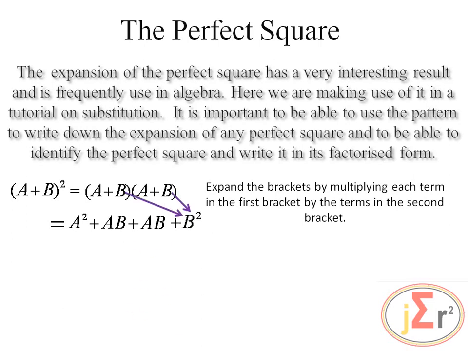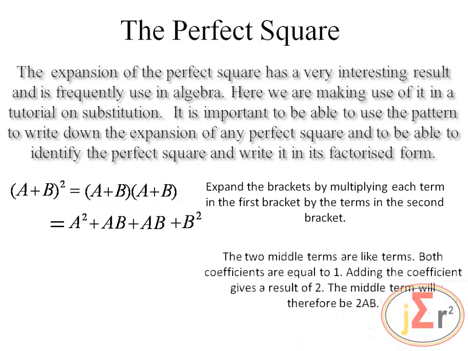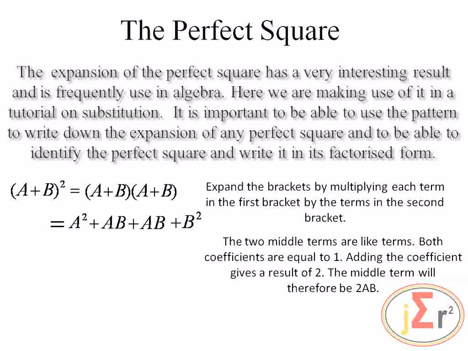Then b times b is b squared. The two middle terms are like terms. Both coefficients are equal to 1. Adding the coefficients gives a result of 2. The middle term will therefore be 2ab. So we have ab plus ab is equal to 2ab.